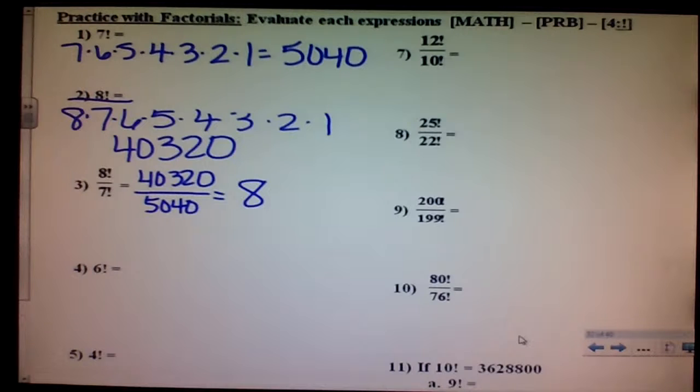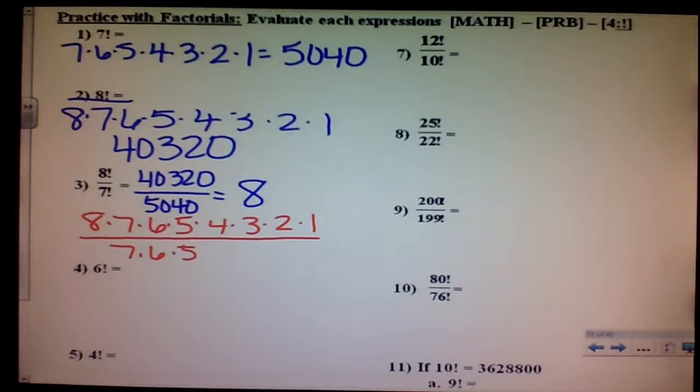Watch what else you can do though. 8 factorial is 8 times 7 times 6 times 5, 4, 3, 2, and 1. 7 factorial is 7, 6, 5, 4, 3, 2, and 1.